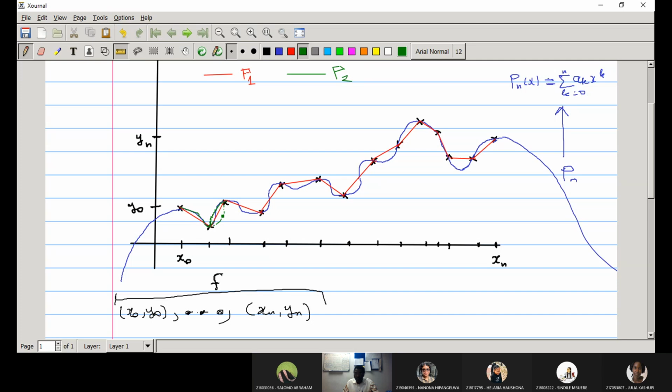That's for second degree. But if we assume that the original function has a behavior that is closer to the blue line, you see that we need a third degree polynomial to capture that behavior. Because a third degree polynomial can easily change.